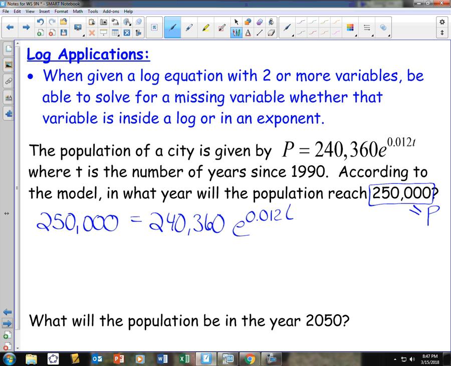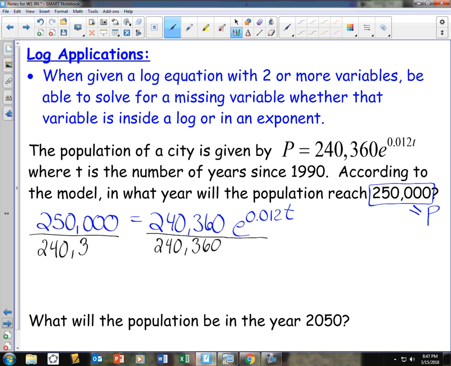Okay, so now we're on a solving mission. Well, I would really like to reduce both sides. Let's reduce both sides by 240,360. Okay, let's try that.